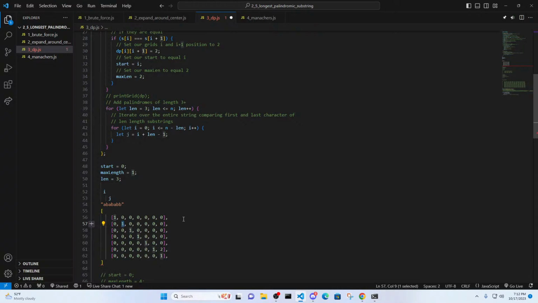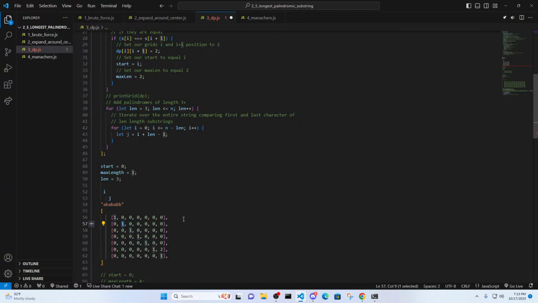And that's a truthy value. So since that's a truthy value, we know that the element inside of the current ij substring of length 3 was also a palindrome. If it is a palindrome, then we can also say that i and j are a palindrome. If it's not a palindrome, then that means that i and j is not a palindrome either. So for this example of length 3, if i and j are the same, we know it's going to be a palindrome because there's only one character in the middle.